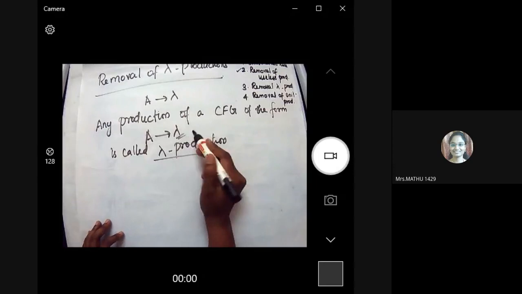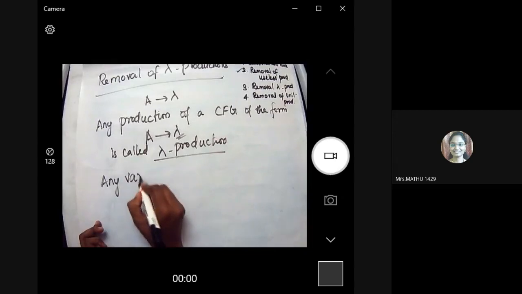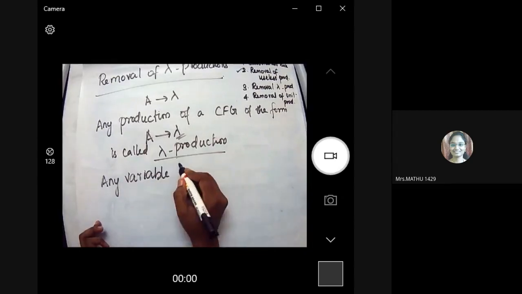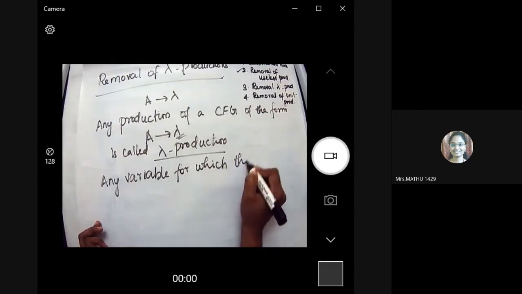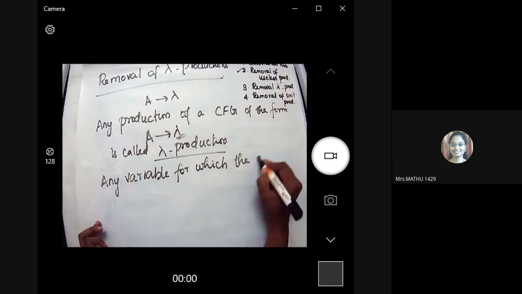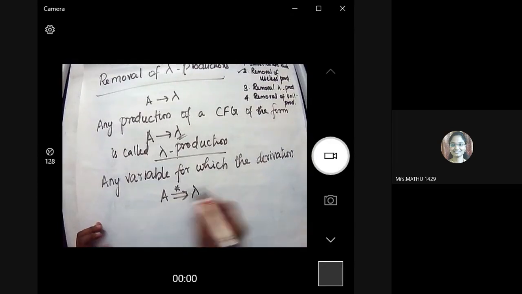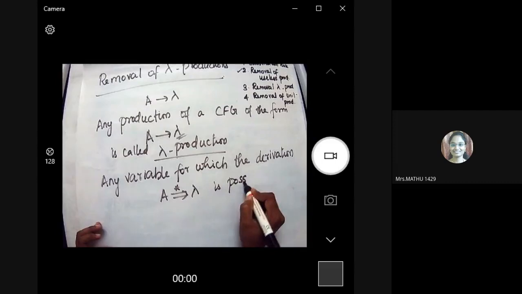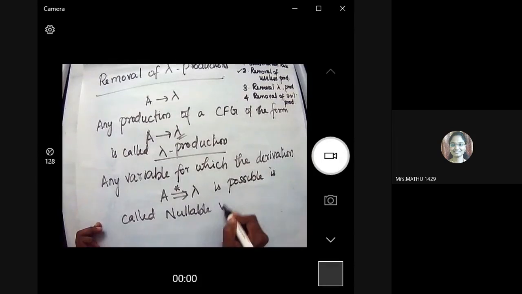Apart from this, take down this also: any variable for which the derivation A derives lambda in an arbitrary number of steps is possible is called a nullable variable.